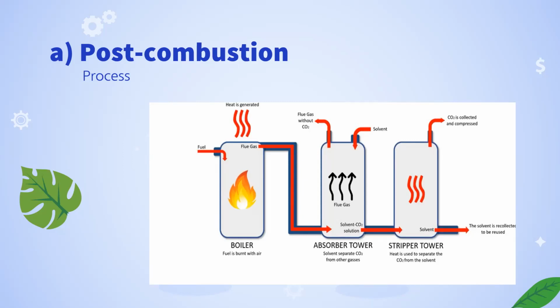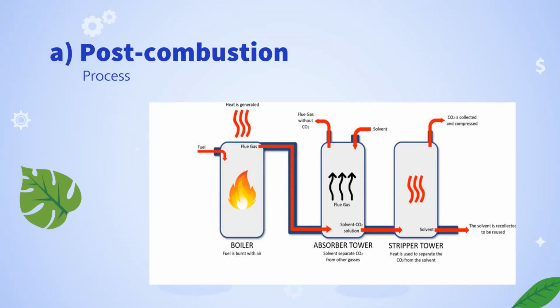The products of this would be a solvent CO2 solution from one side and flue gas without CO2 from the other side. So the solvent CO2 solution moves ahead to the stripper tower, where it is heated and separated between CO2, which is collected and compressed, and the solvent, which is recollected and reused.